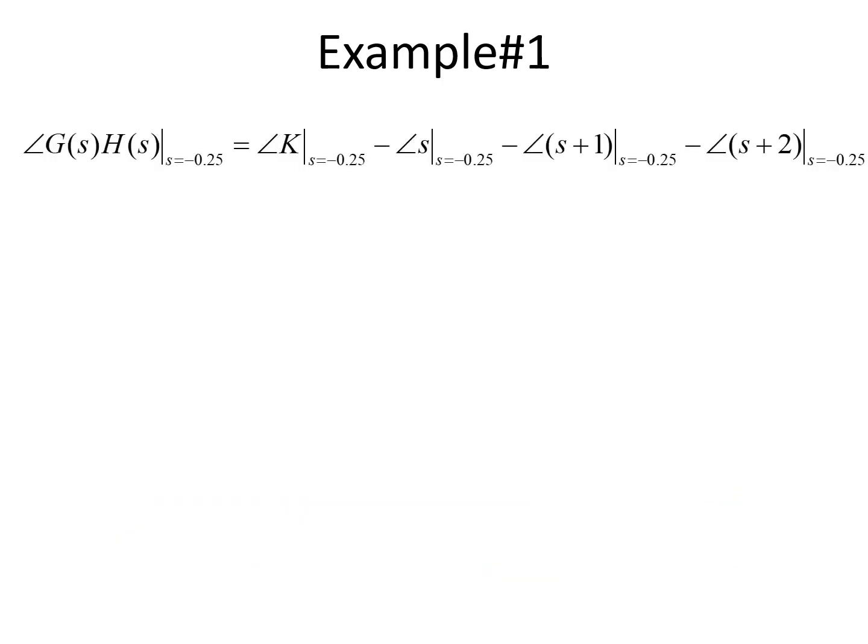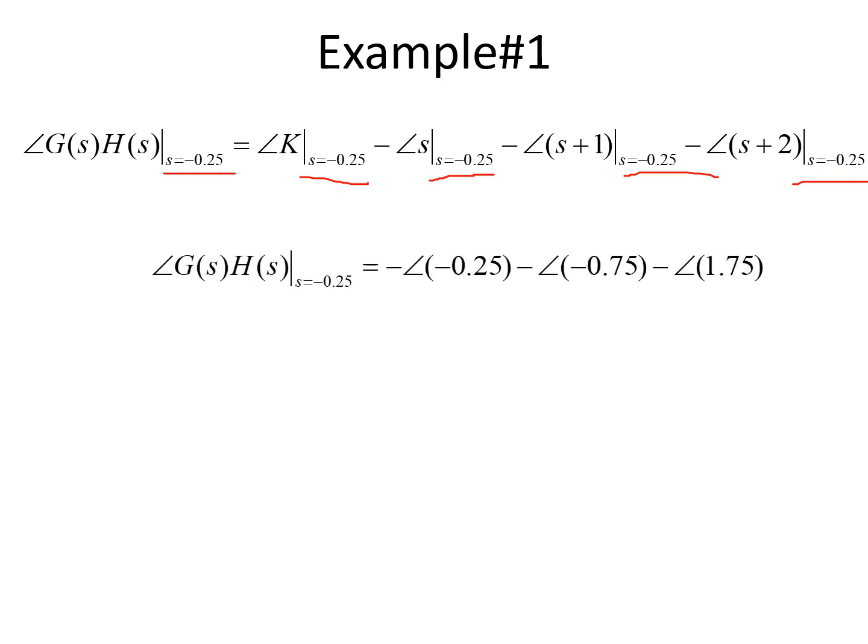Okay, let's see how we will do this. Now we are going to determine the angle condition for the given value of s equal to minus 0.25. We need to determine the angle of K, the angle of s, and so on, at minus 0.25. Since K is a constant value, its phase will be 0, so we can take this as equal to 0.